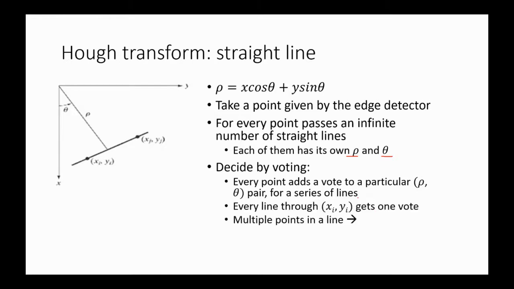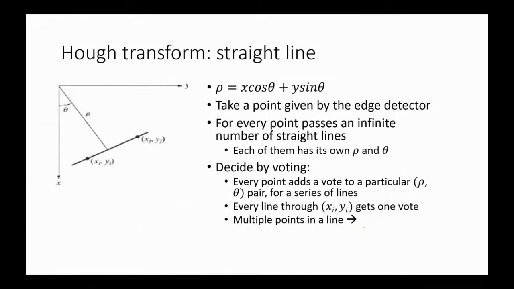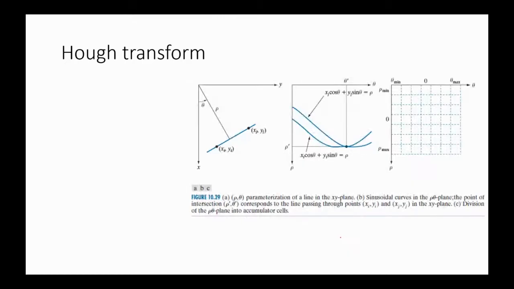If I have multiple points on a line, for instance one point here, one point there, one point there, every one of these points will lie on this line, and this same line will have the same parameters ρ and theta. So I just get the line with the larger number of points. That's the Hough transform.